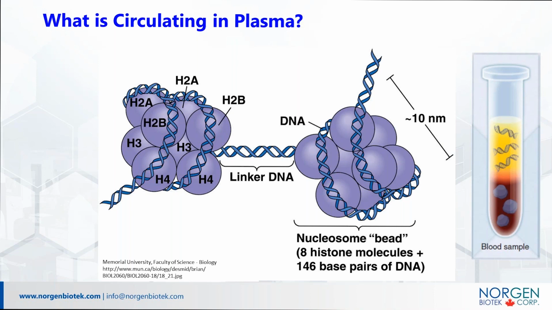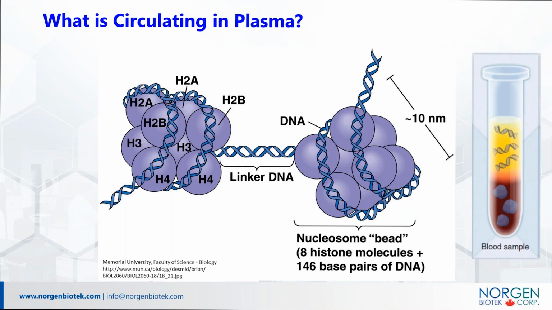Therefore, when the cell dies due to apoptosis or necrosis and the DNA comes out of the cell, the DNA itself is subjected to the DNase activities found in the circulation. The DNases digest the linker DNA, leaving these nucleosomes circulating.